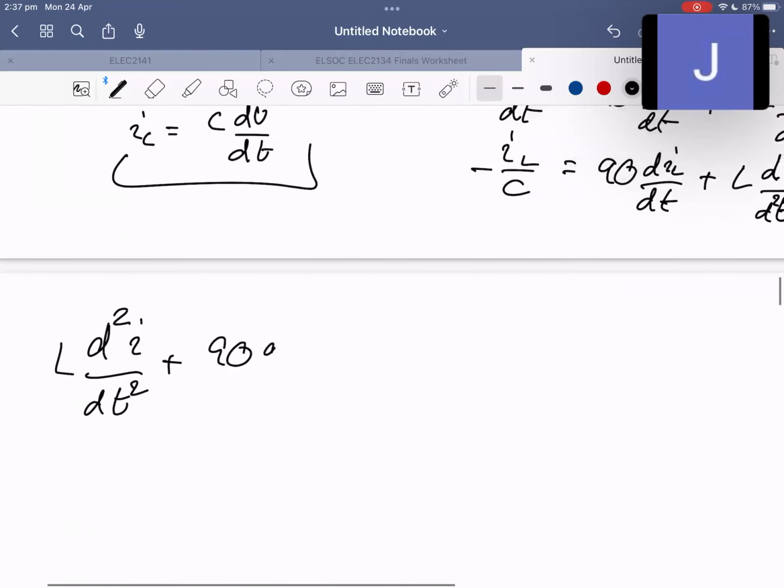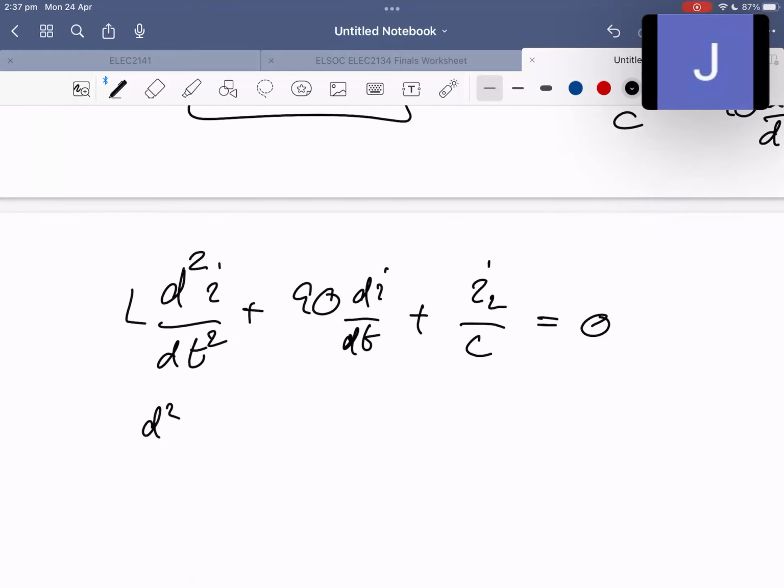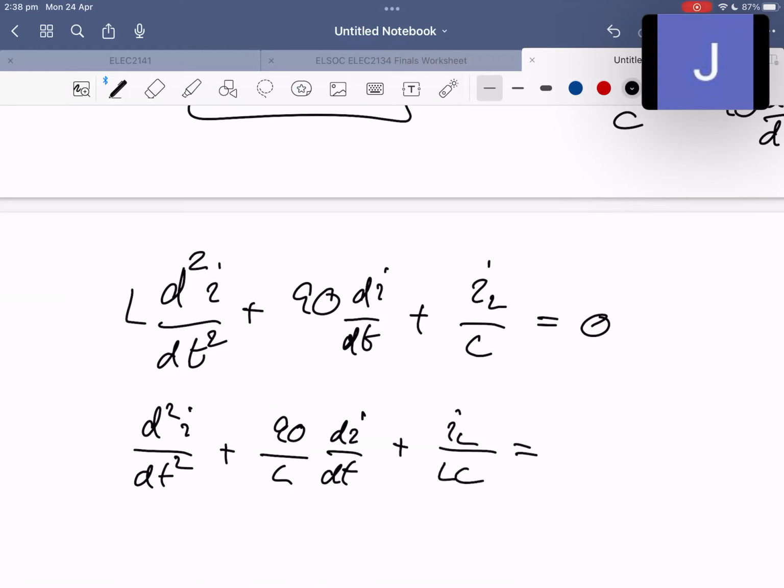So 90 times dI on dt, plus IL divided by C equals 0. All that's left to do is divide by the constant L: d squared I on dt squared plus 90 on L dI on dt plus IL divided by LC equals 0.